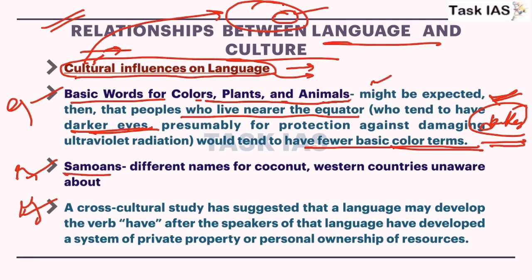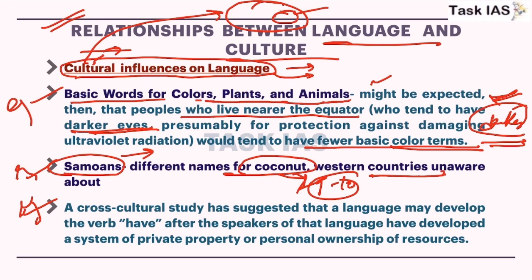Now, these tribal people have different names for coconut. Around 9 to 10 names are used for different kinds of coconuts. But in Western societies, even in mainstream societies like India or China, they have only one term.